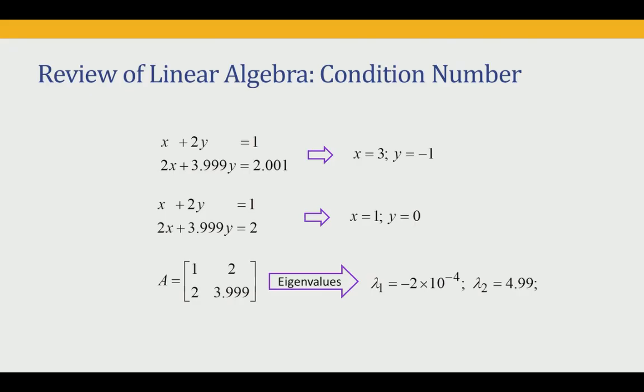Condition number is nothing but the ratio of eigenvalues of the matrix. So, in this particular case, A being an n by n matrix has 2 eigenvalues, and the ratio of 2 eigenvalues in this case is approximately 25,000, which is a fairly large number, and therefore, we see that the results change quite significantly for a reasonably small change in B matrix.